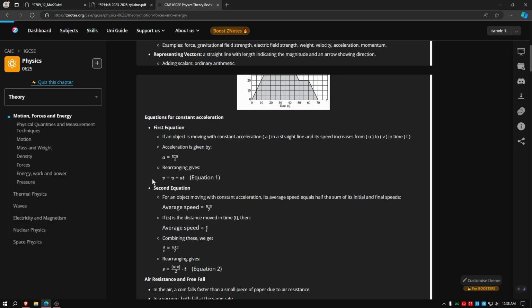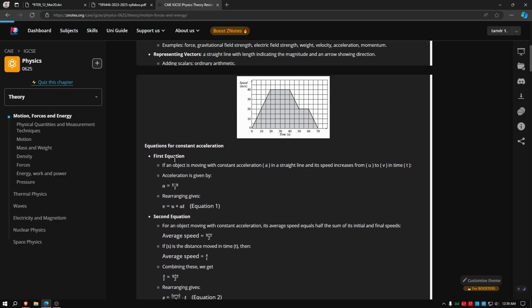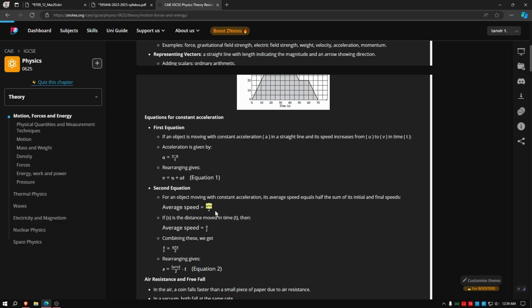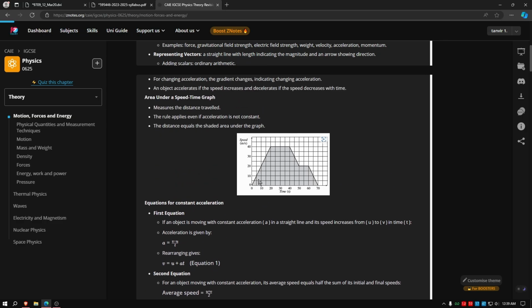The second equation would be average speed. How do you find out the average speed? You take the speed at any two points in the graph and then divide, right, to find out the average speed between these points. So for final minus initial, in this graph the average speed would be 0.